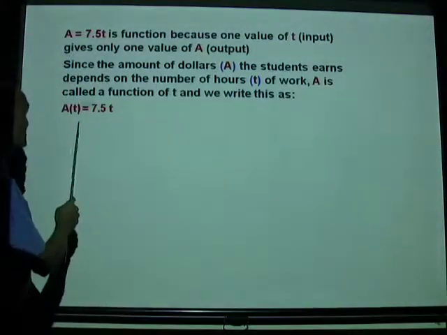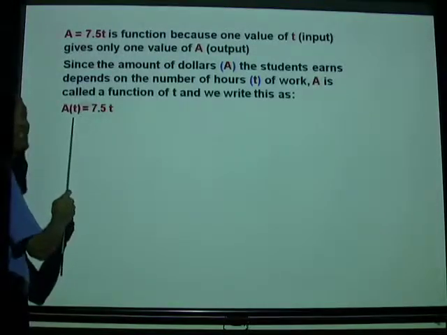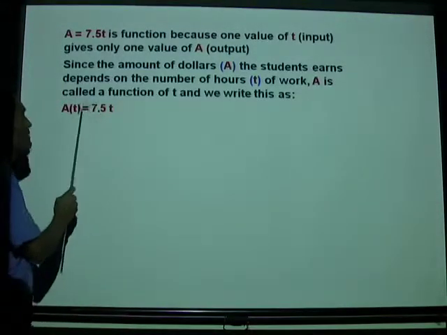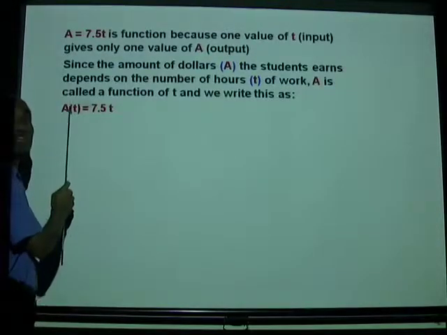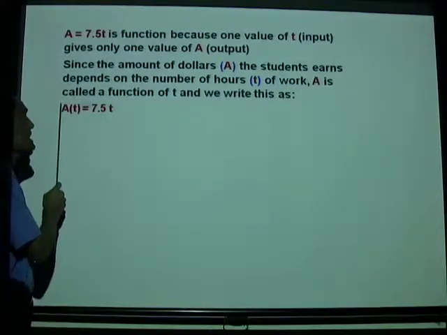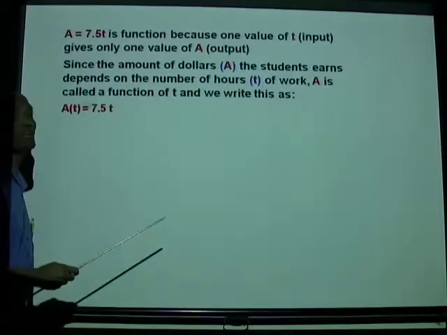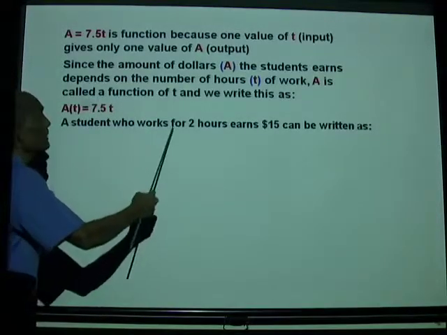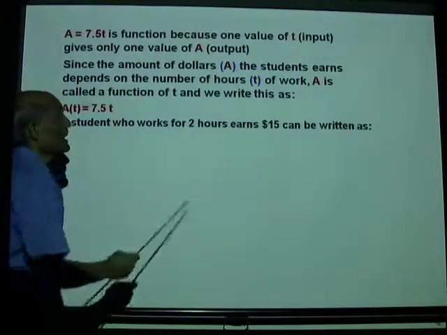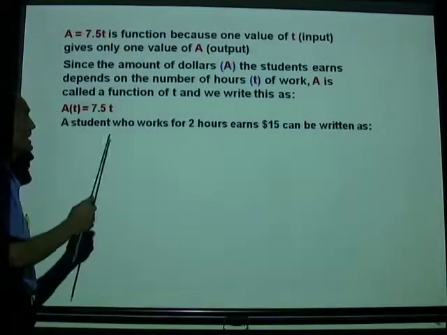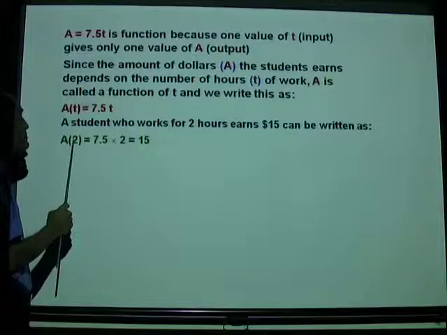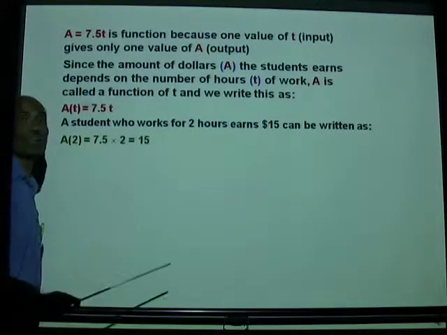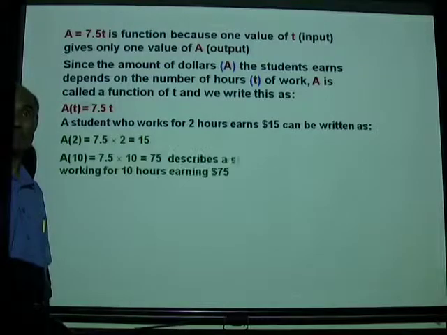So look at the way we write it. A of t equal to 7.5t. That's how you write a quantity as a function of t. A of t equal to 7.5t. A student who works for 2 hours earns $15 can be written as A of 2 equal to 7.5 times 2, that is $15.